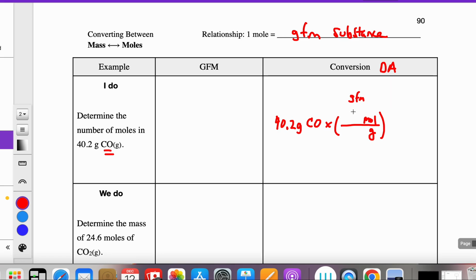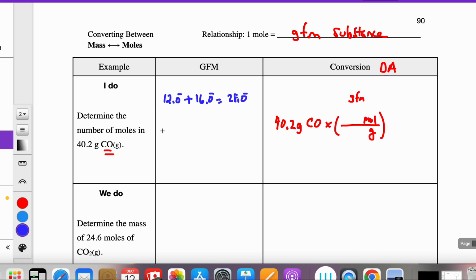So in order to have my information, I need to calculate the GFM of CO. When I pull out the periodic table, I have 1 carbon in the formula. It contributes 12.0 grams, plus I have 1 oxygen that contributes 16.0 grams. And when you add those together, they equal 28.0.